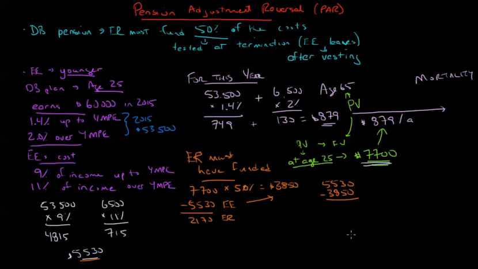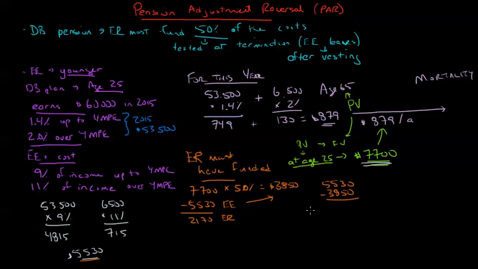Now, it's important to recognize that this is only going to be tested at the plan's termination when the employee leaves. If the employee works here over the course of 40 years, when we get to later ages, you're not going to have a pension adjustment reversal calculation, or you're not going to have to worry about the 50% test, because an older employee is substantially more expensive for each year of service.